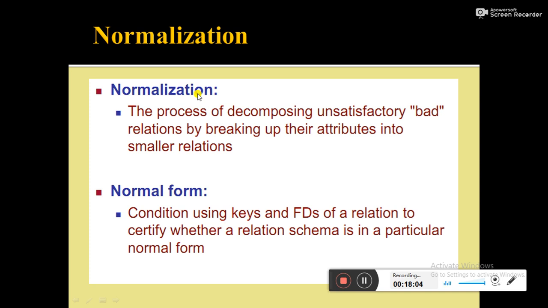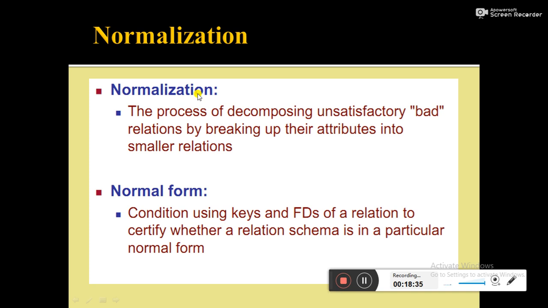Anomalies means the insertion anomaly, deletion anomaly, and updation anomaly. And these anomalies were already discussed in my previous lecture.